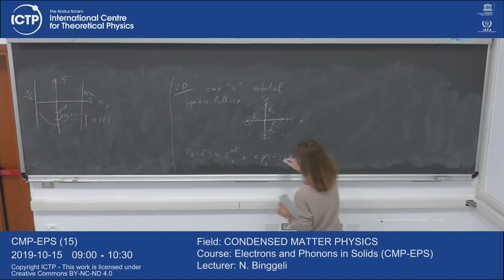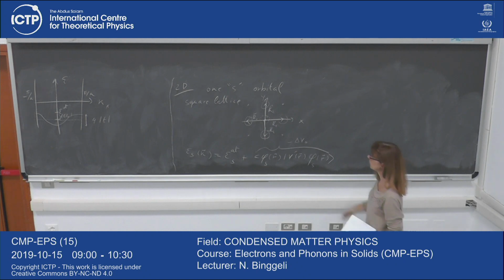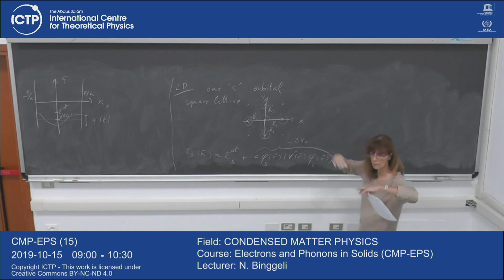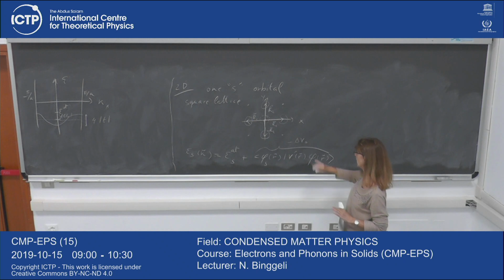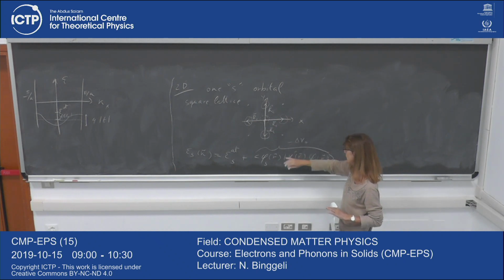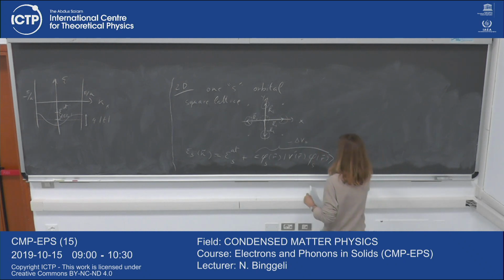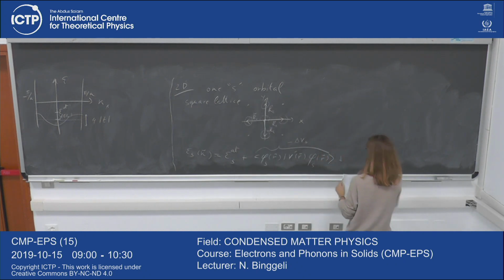So this is just the shift, which I call delta V0. It's the same argument. The potential that comes from the neighboring sites will be negative near this orbital, so I expect a negative value for my matrix element, minus delta V0.